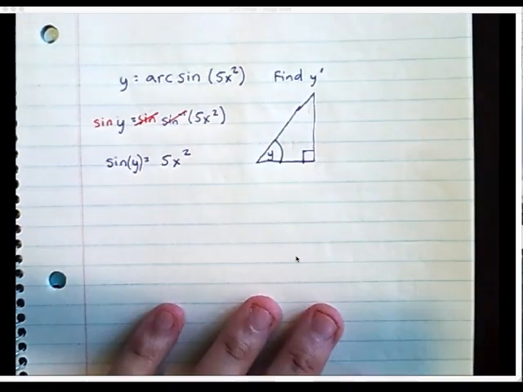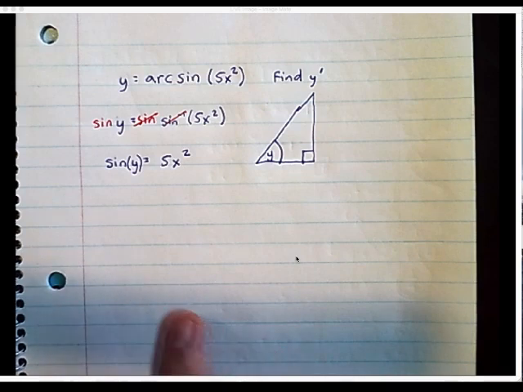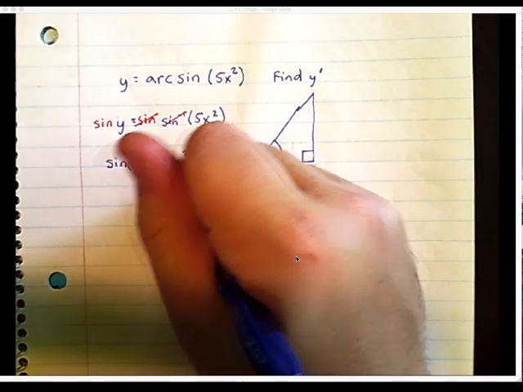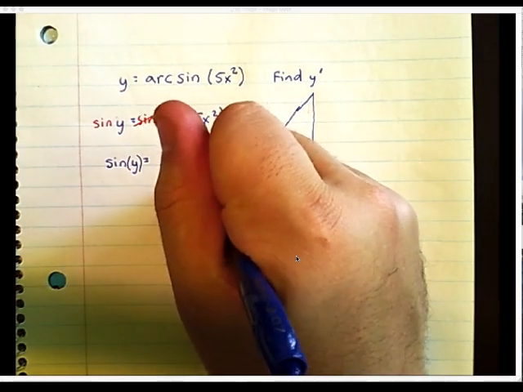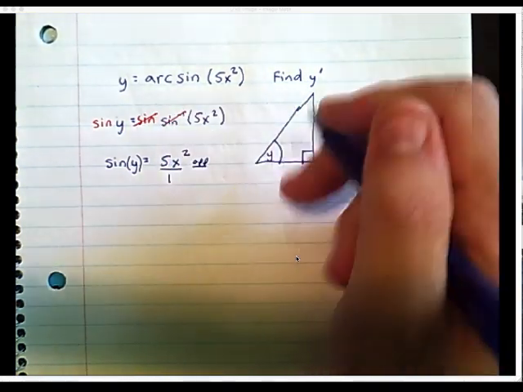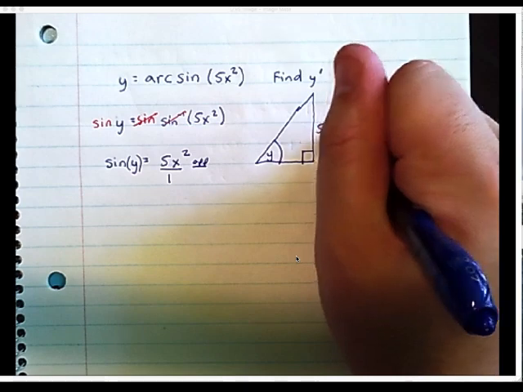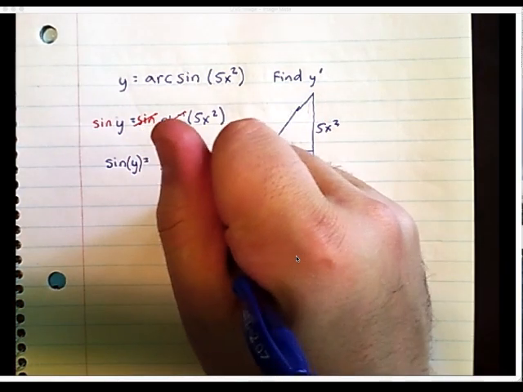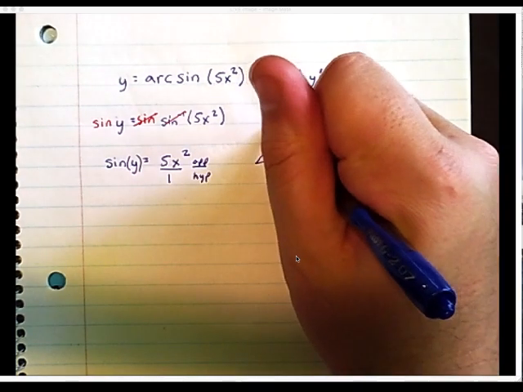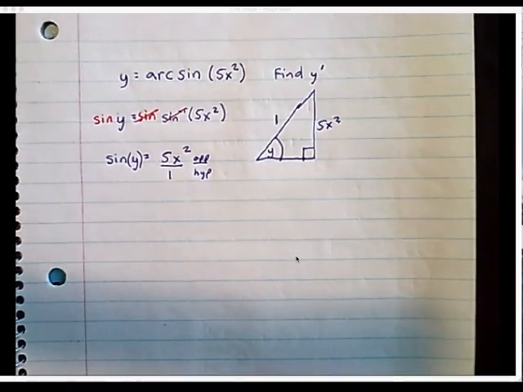Okay. And what do you know about sine? Sine means the same thing as opposite over hypotenuse. So in this case, the opposite side to that angle is 5x squared. All right. The hypotenuse is 1. Okay.